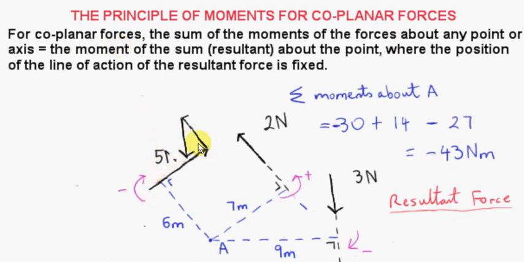So we're just using the triangle law applied to 3 vectors. So I joined the tail of the first vector to the head of the last vector, and that's the resultant force.